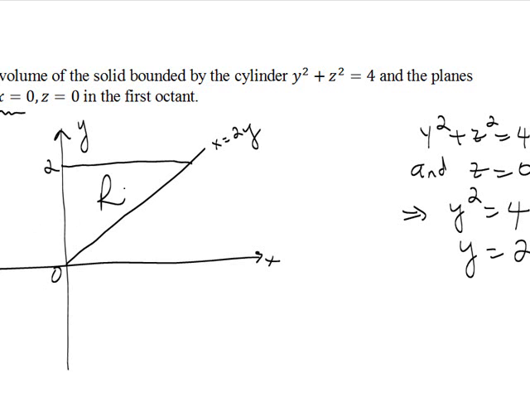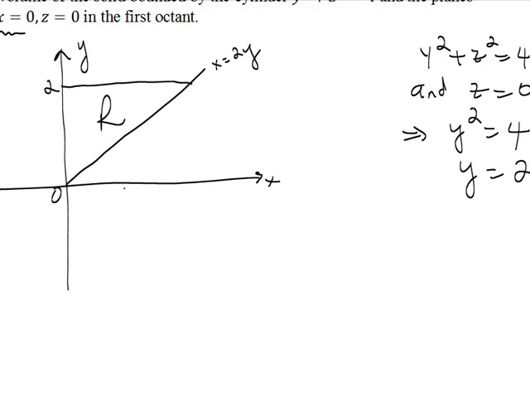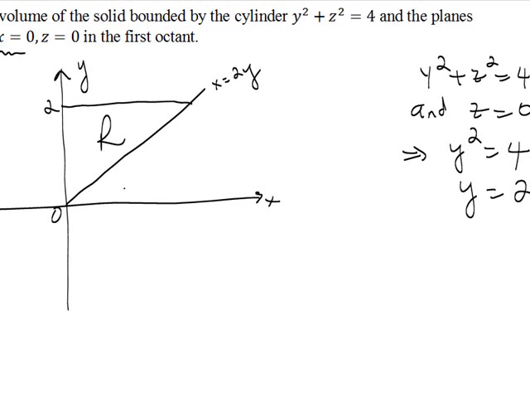Now what are we integrating? Our function f of x, y. So we are integrating what z is. Take y squared plus z squared equals 4 and solve for z.